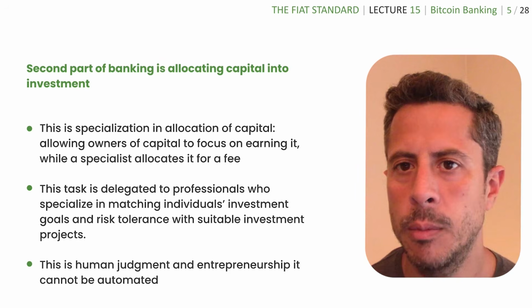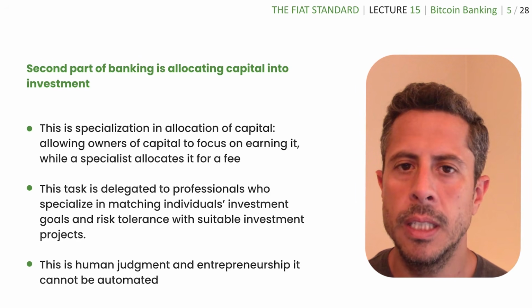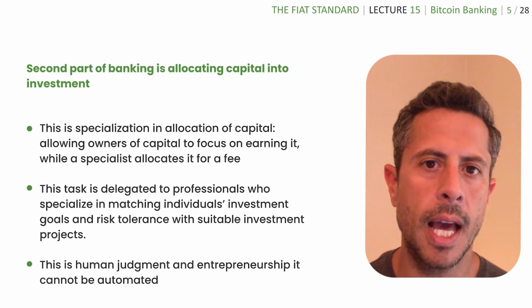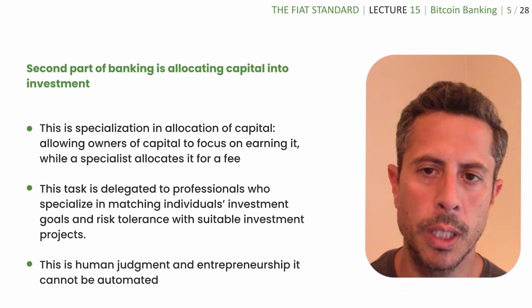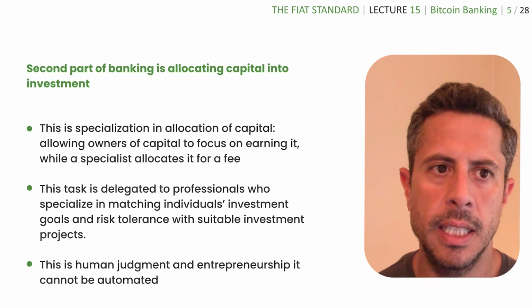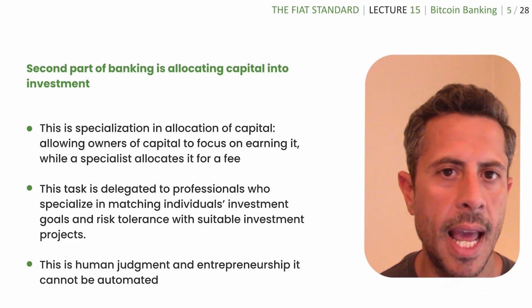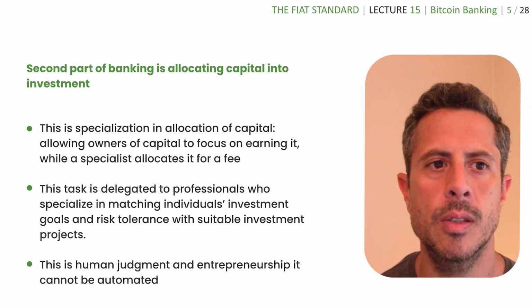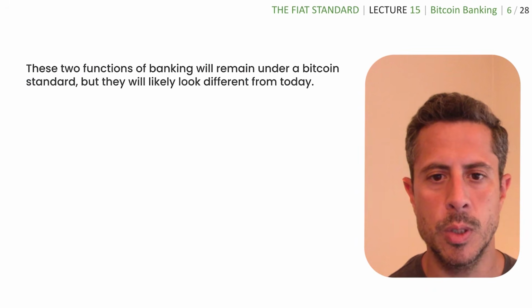There's an element of human judgment there. You could delegate it to an algorithm, you could delegate it to a computer, but you have to be the one doing the delegation yourself. It's inescapably a human judgment, because ultimately you are taking your money and handing it over to somebody else. So you are making the choice of the person in whom you're investing.